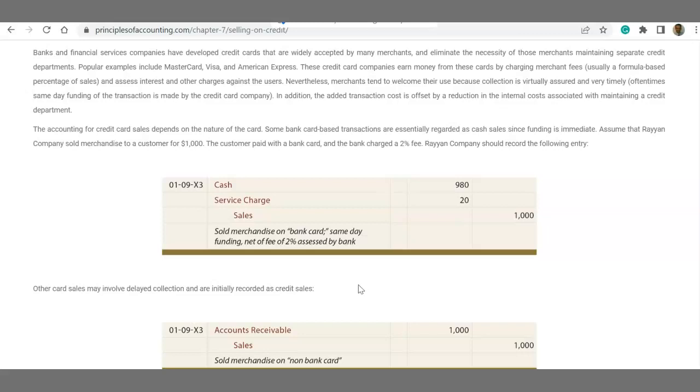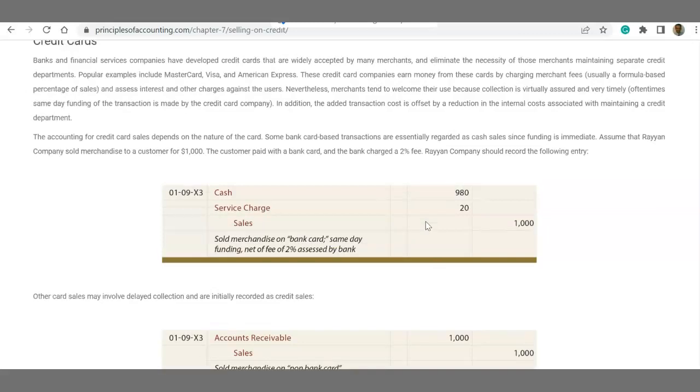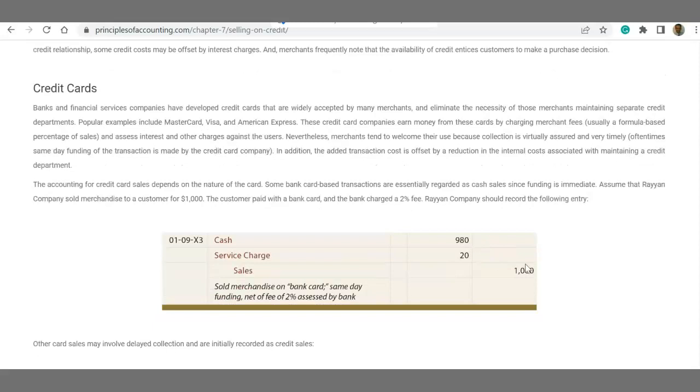In some cases, like in my business, when I was using merchant service, I recorded sales of $1,000 and debited cash $1,000. The service fee was only deducted from my account once at the end of the month, combined. So it was not journalized like this.